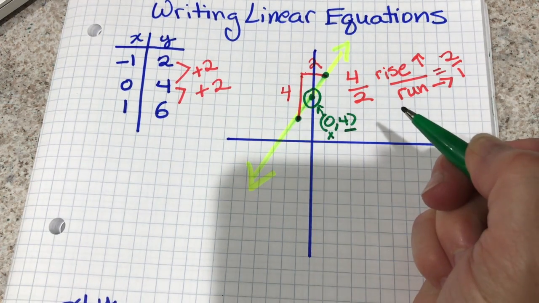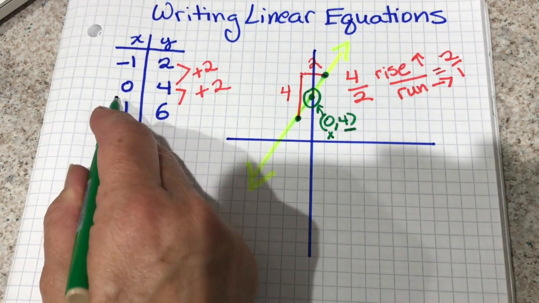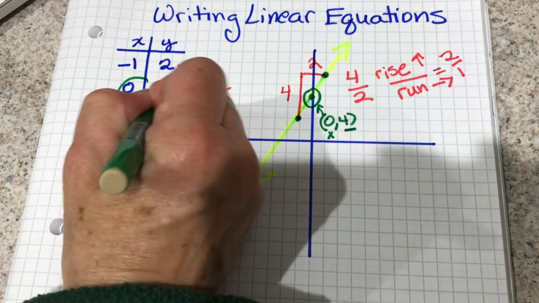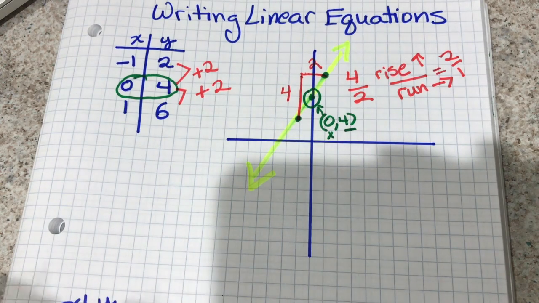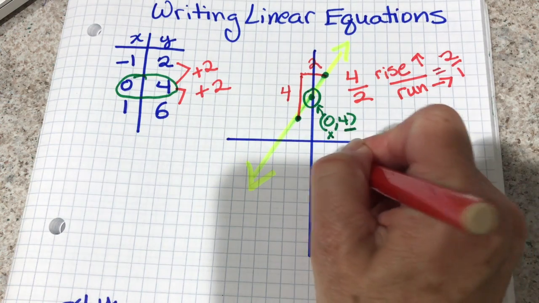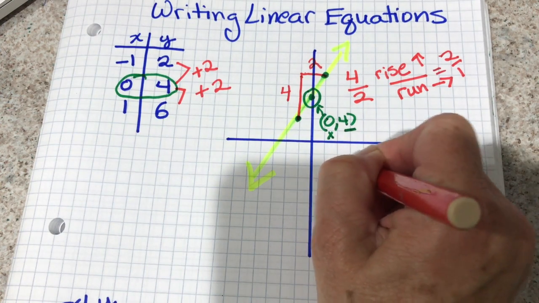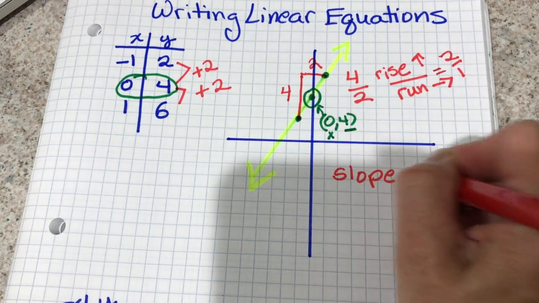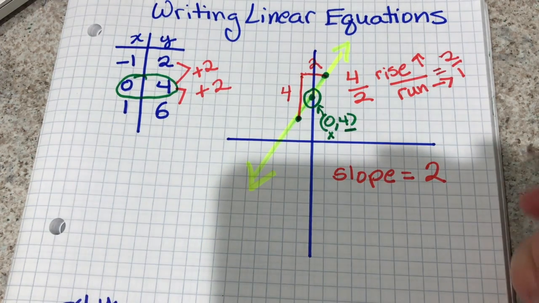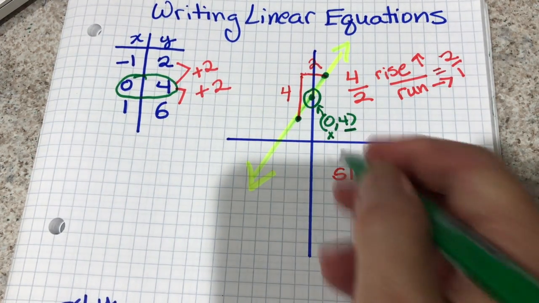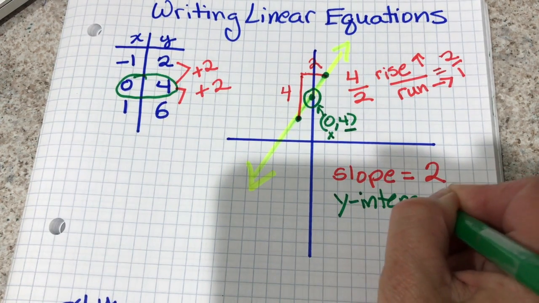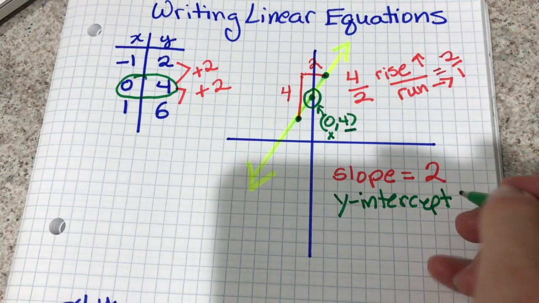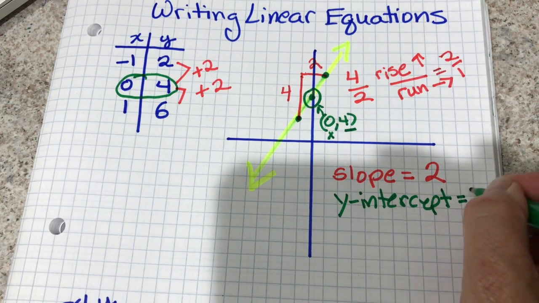Well, let's look at our table. We see in our table when x is 0, y is 4. Once again, 4 is our y-intercept. So to recap, for this graph, the slope equals +2, and the y-intercept, that's where the line crosses the y-axis, equals 4.